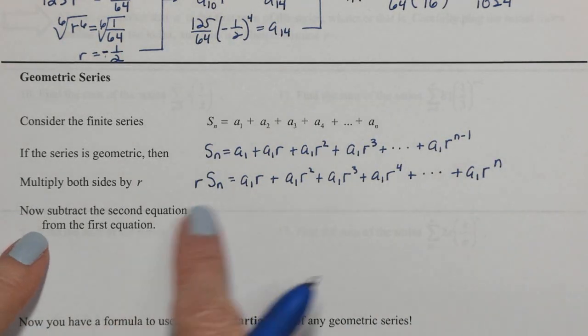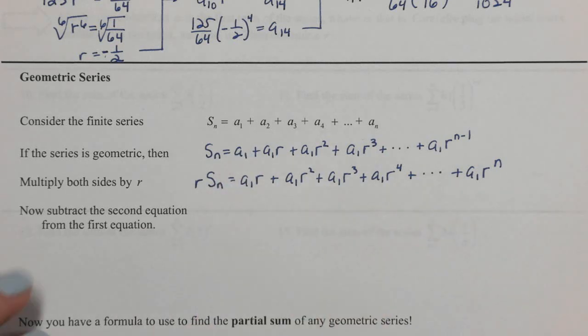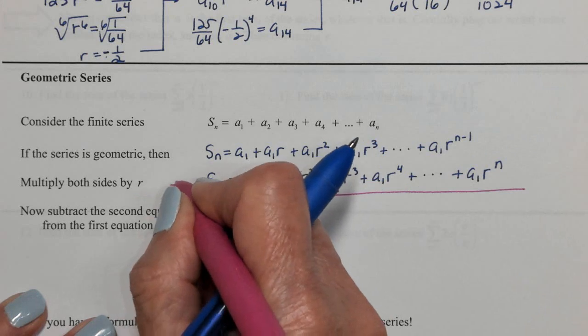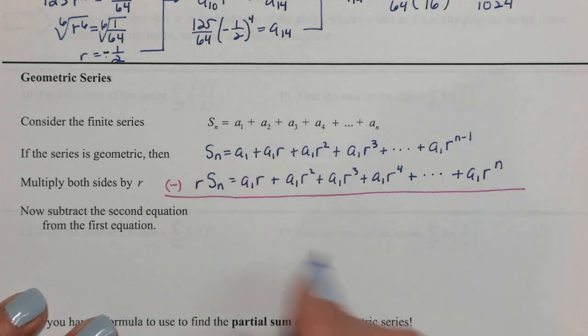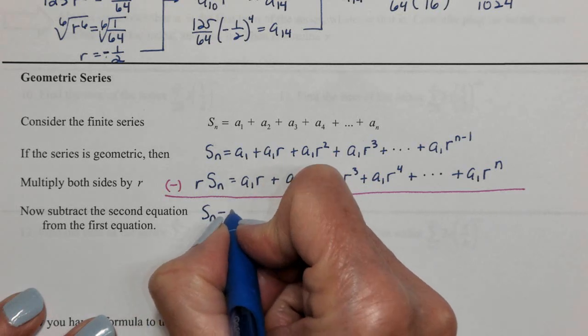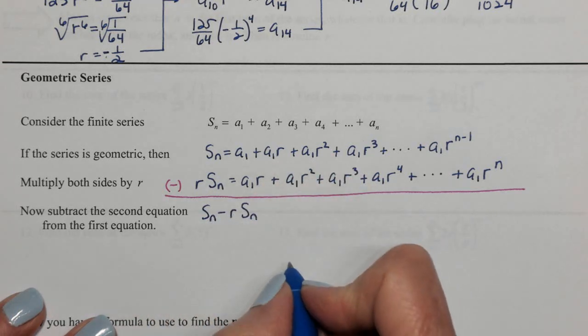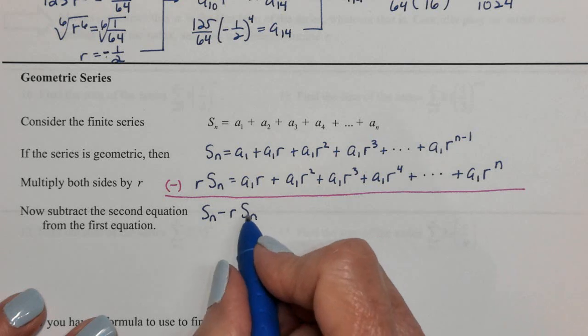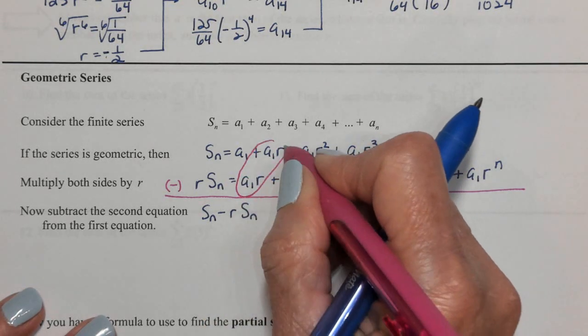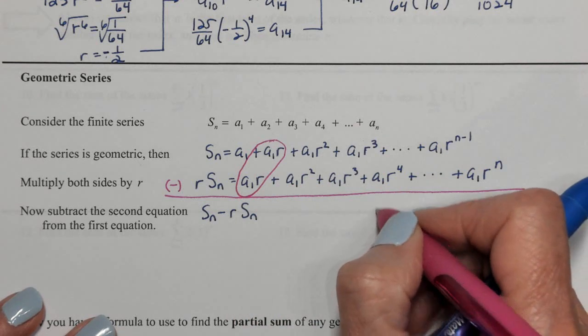Now we're going to subtract the second equation from the first equation. So I'm going to come in here and we're subtracting these two. So on this side, I have s sub n minus r times s sub n. If I'm subtracting these, that's going to subtract out to 0.